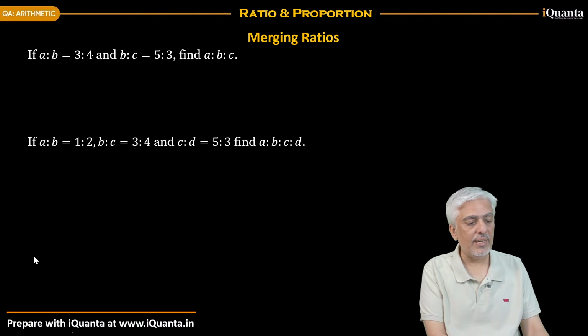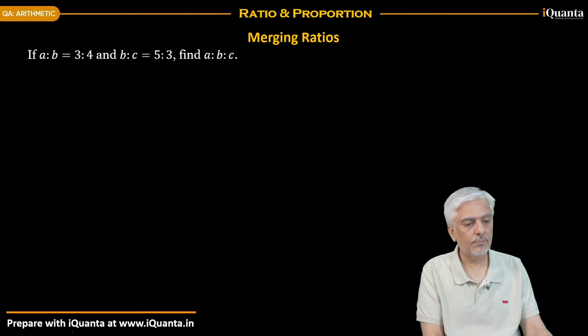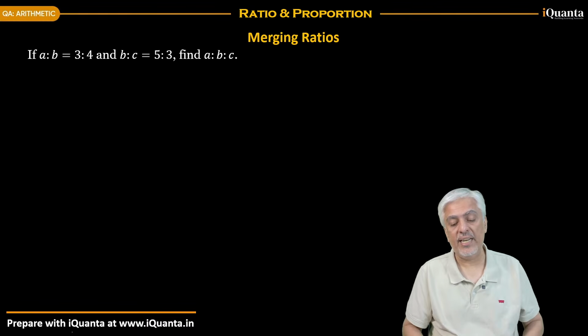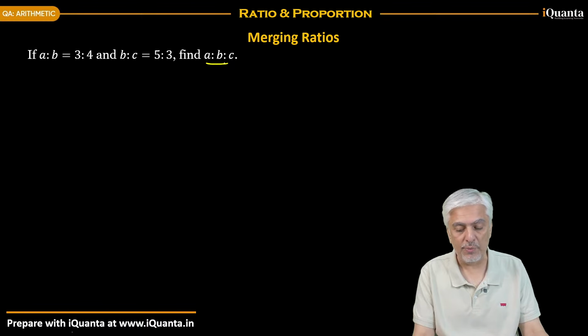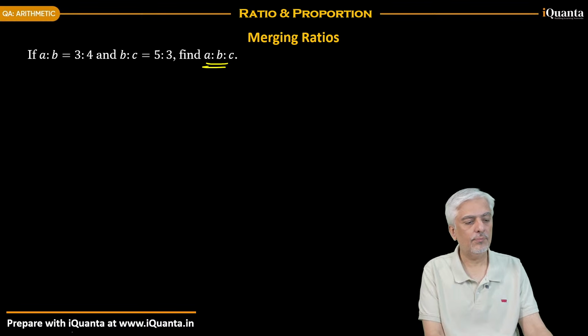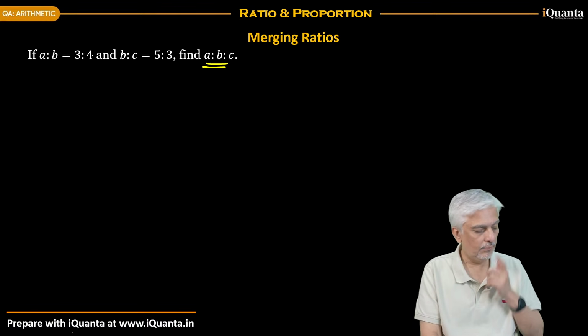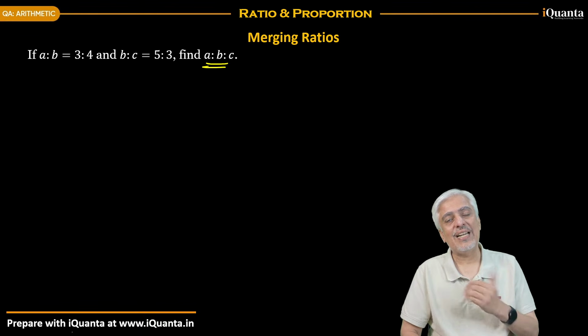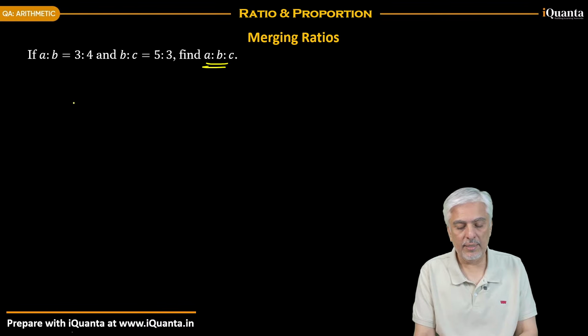Come on, try this quickly. Try this first. A ratio B is 3 ratio 4. B ratio C is 5 ratio 3. Find A ratio B ratio C. Now, first let's understand the normal approach. दोनों जगह पे B है.